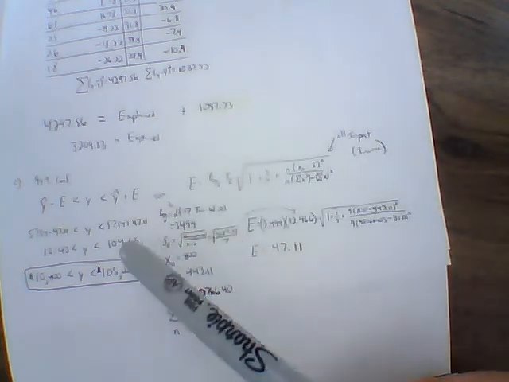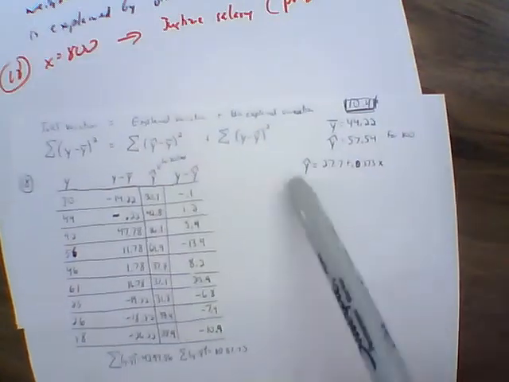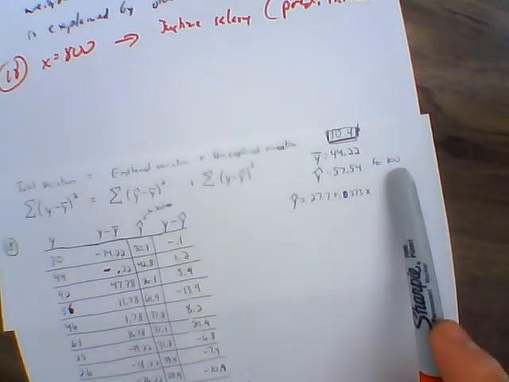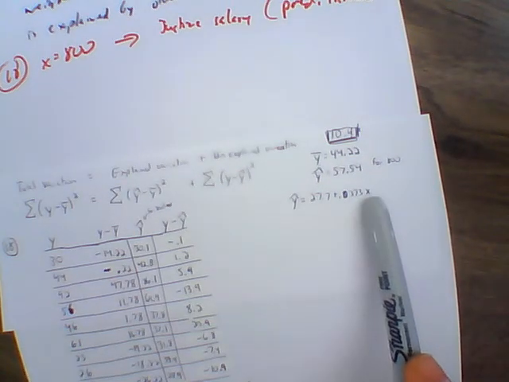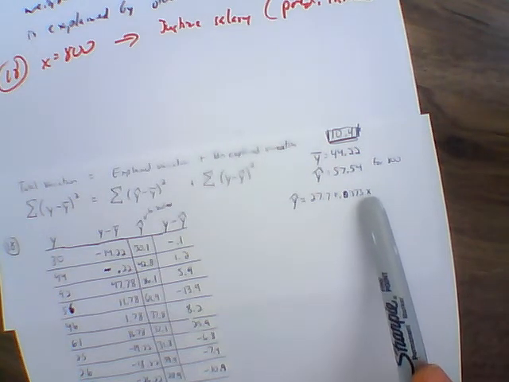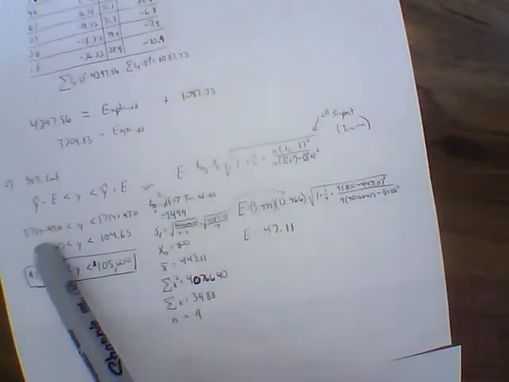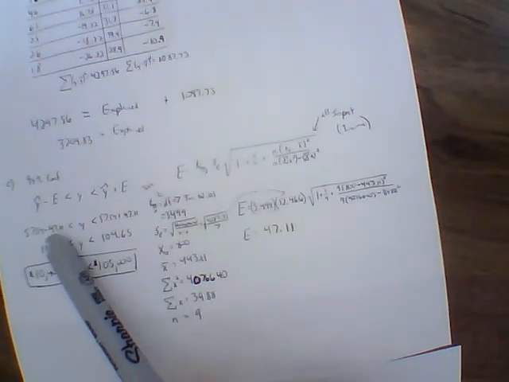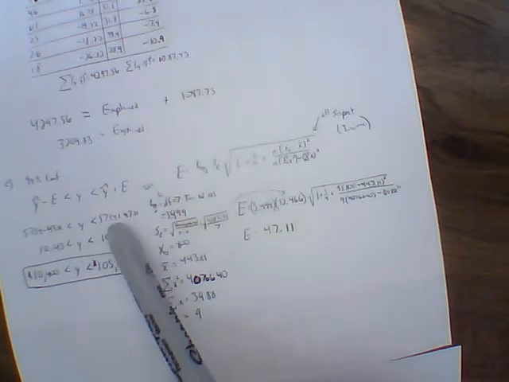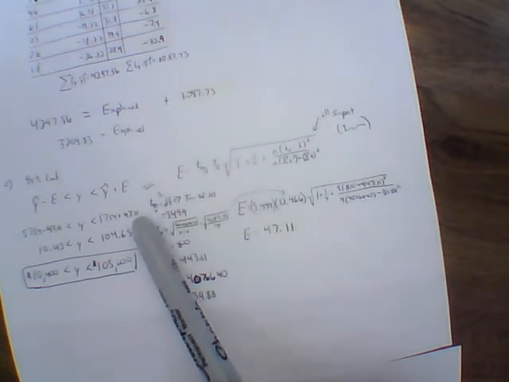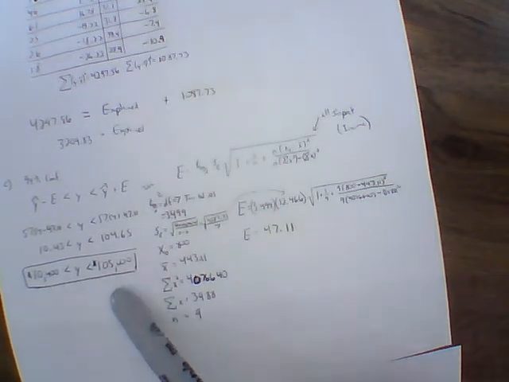So what we do now is, remember back up here, I plugged 800 into my linear regression line. So I put 800 in here for x, and I got 57.54. Now I'm going to take my 57.54 minus 47.11, and 57.54 plus 47.11, and I get this interval right here.